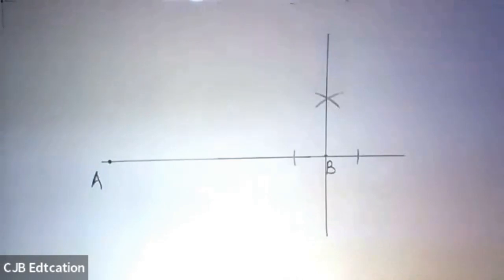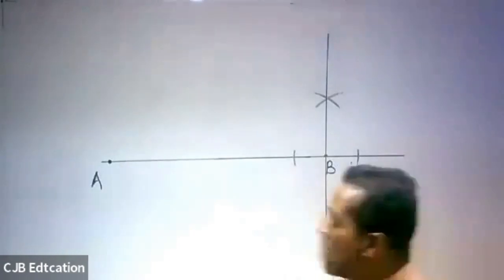Right, so the next construction: constructing the perpendicular bisector of a straight line segment, right? So if we use that same straight line segment AB here, how can we construct the perpendicular bisector?